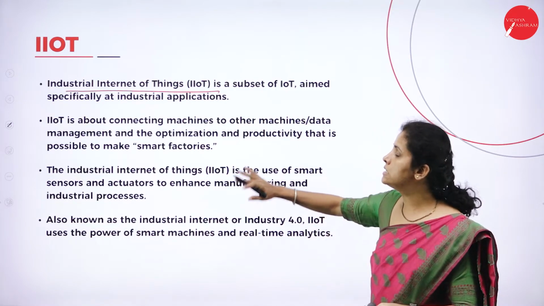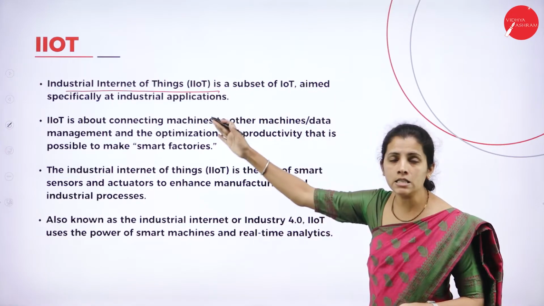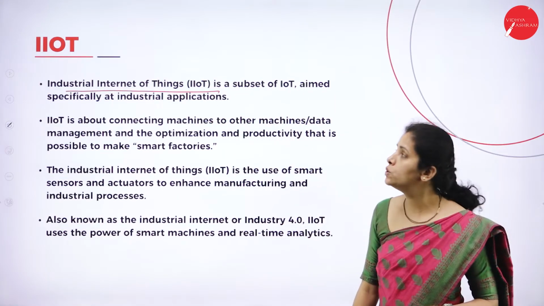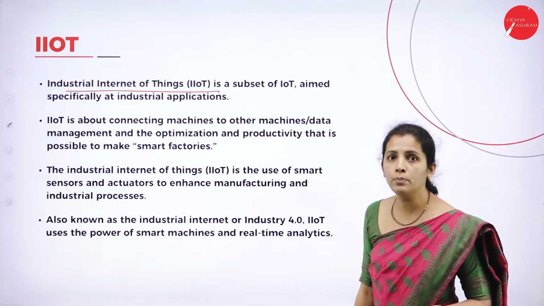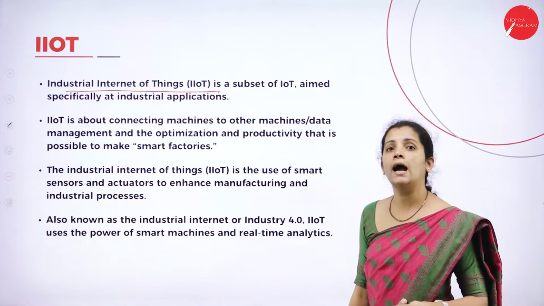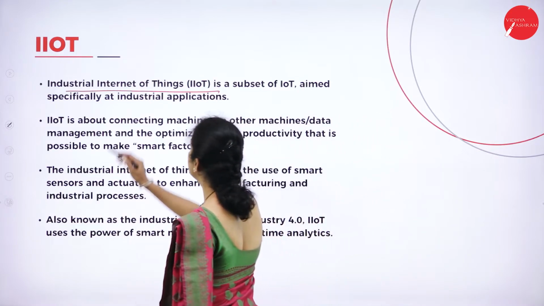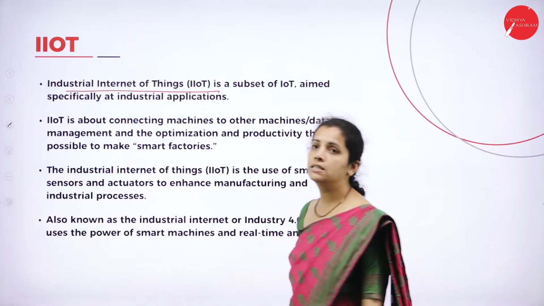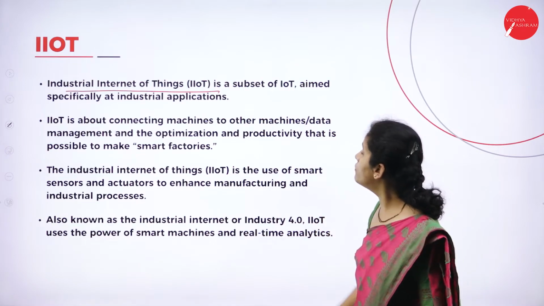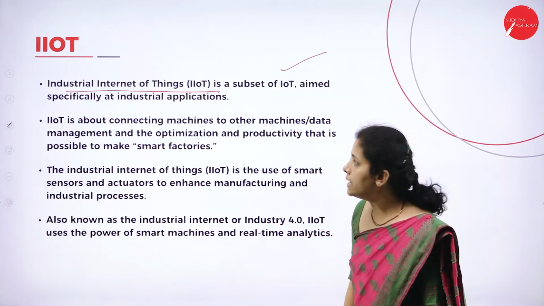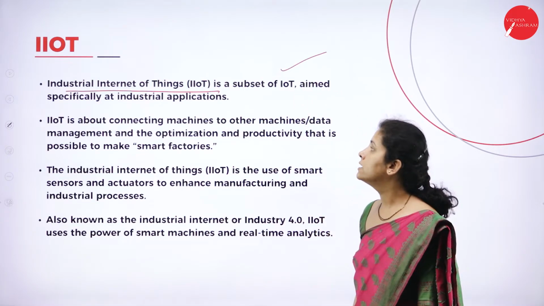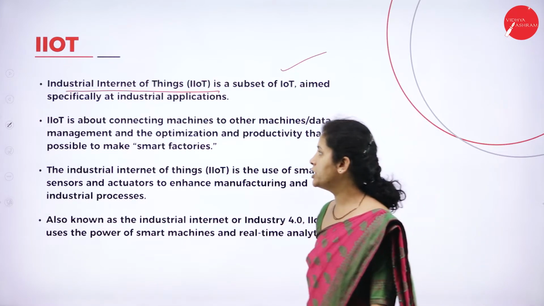But if I consider industry, how can we use IoT to improve productivity as well as quality? So Industrial Internet of Things is a subset of IoT mainly used in industrial applications.